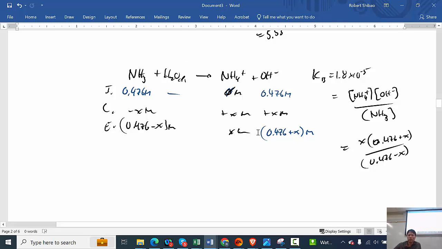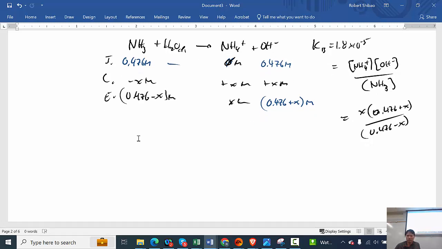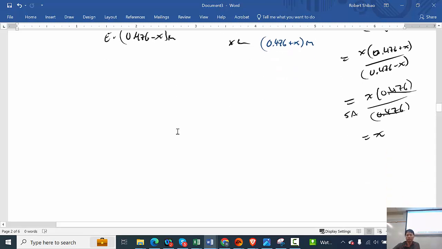What we're going to do is just try the simplifying assumption, and hopefully it works. So x is just equal to Kb for this, since everything else drops out. And then we have to justify the simplifying assumption by calculating the percent change.